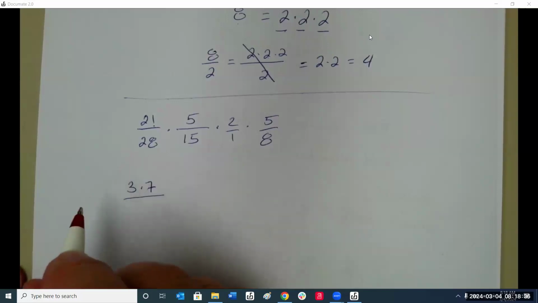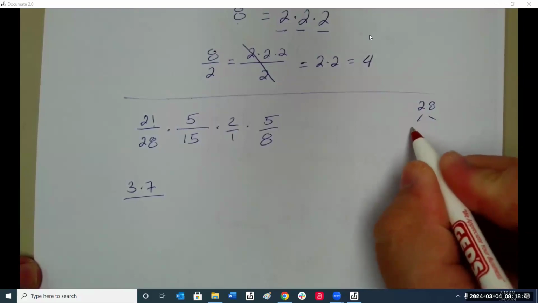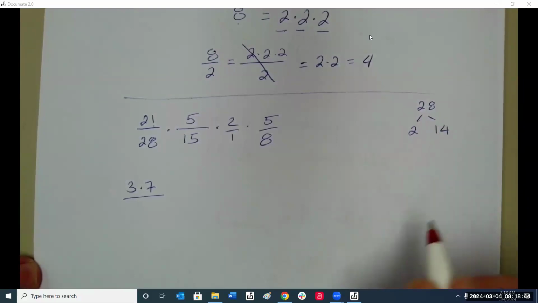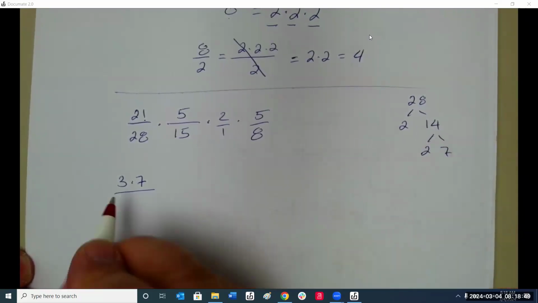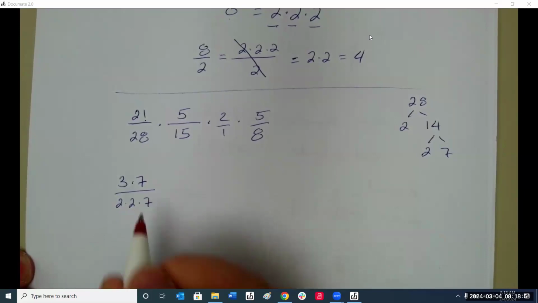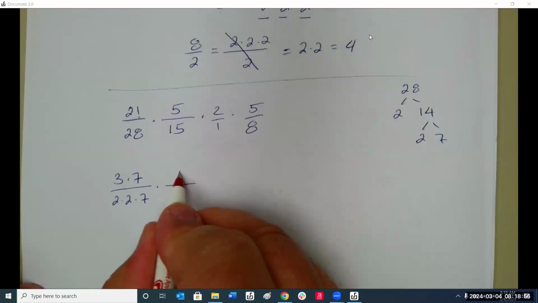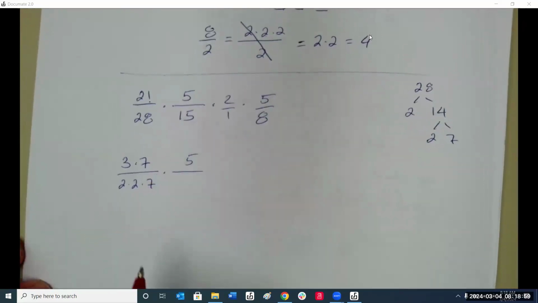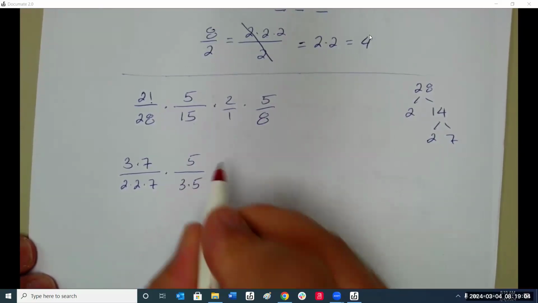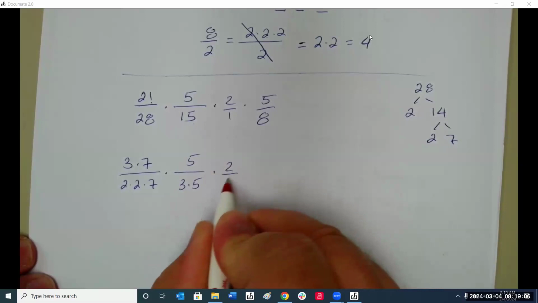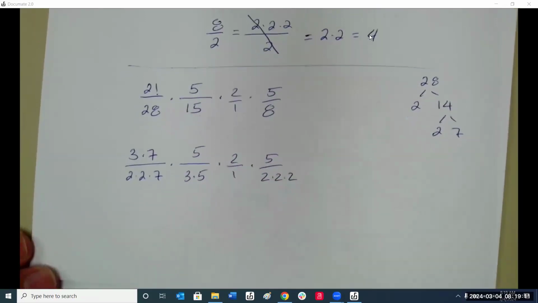What makes up 28? 28 is made up of 2 times 14. 14 is made up of 2 times 7. 5 is itself. 15 is made up of 3 times 5. 2 is itself. 8 is made up of 2 times 2 times 2.